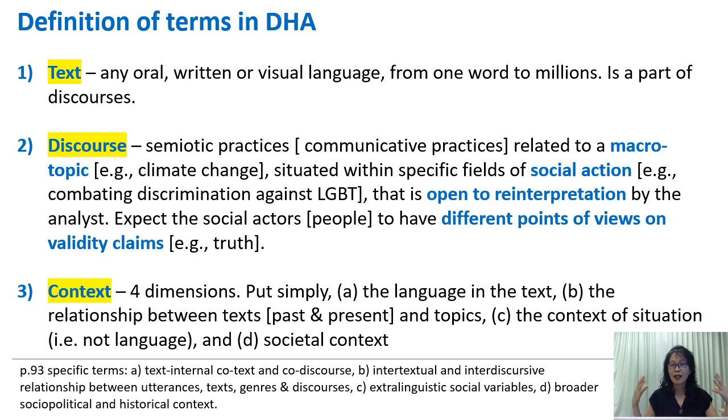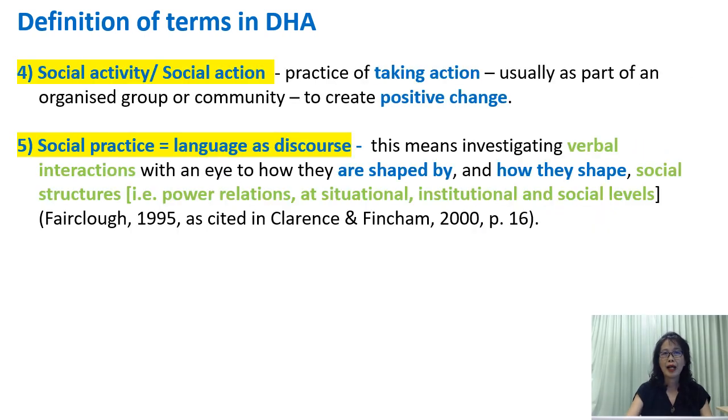Context. There are 4 dimensions: the language in the text, the relationship between the text and the topic, the context of the situation, and the societal context. So all these are taken into consideration when we use the Discourse Historical Approach. Social action is the practice of taking action to create positive change.